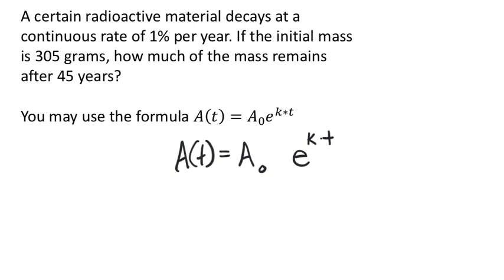Okay, but what values did they give us? Well, they gave us the rate right here. They even said it was a rate. Remember, that's K. And so my rate at 1%, I'm just going to change that into a decimal, right? So 1%, move the decimal 2 times to the right, which would make that then 0.01. Again, that's my rate, or the K value.